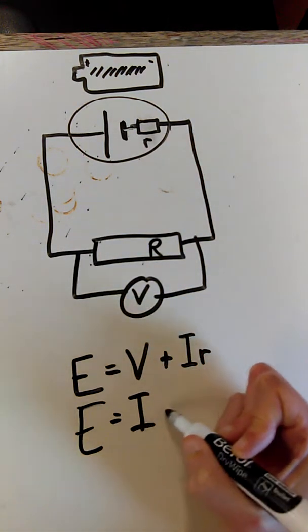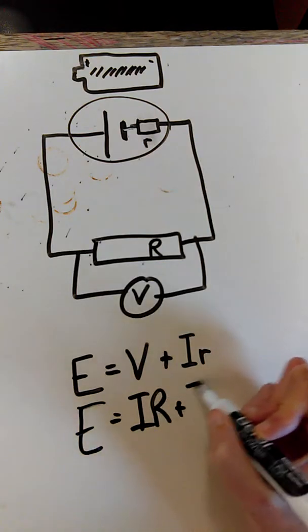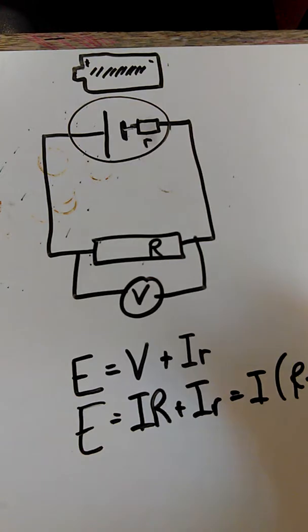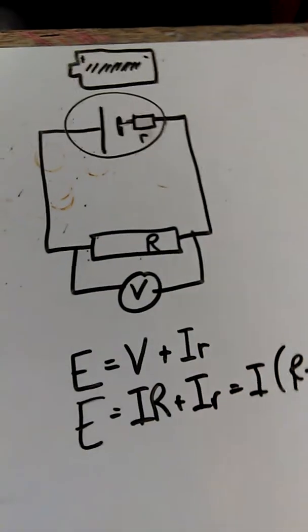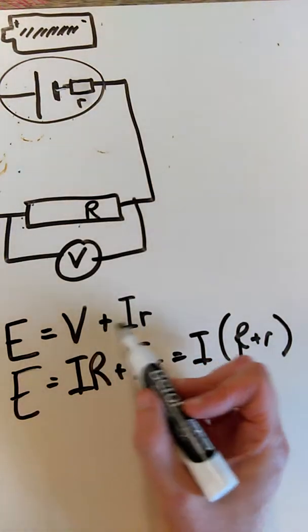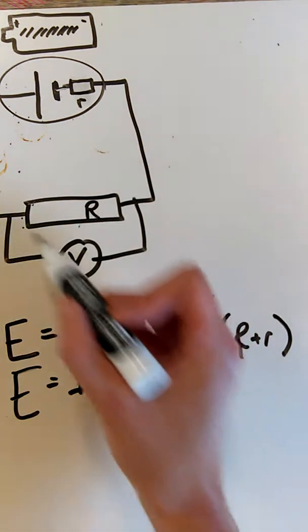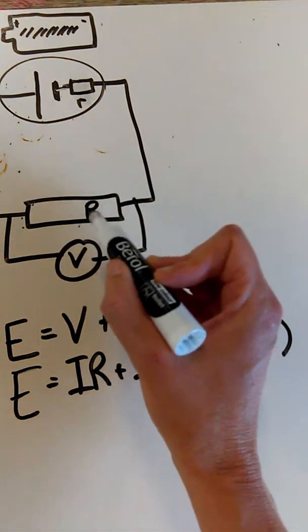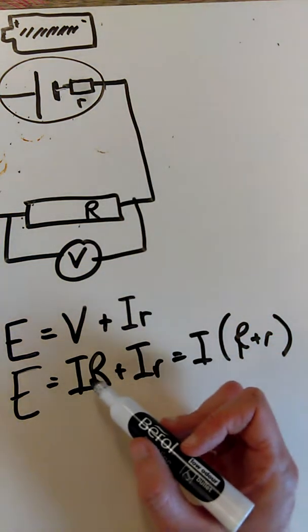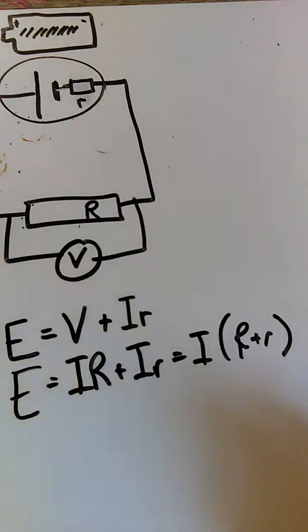So we could write it as IR plus Ir, or indeed I(R plus r). But you tend to get it given like that. So this is the EMF, this is the potential difference over the circuit, and R is the resistance of the circuit. And we've got Ir there. But it does work, as I said, if you've got that as well.